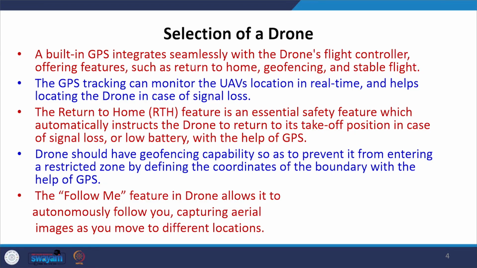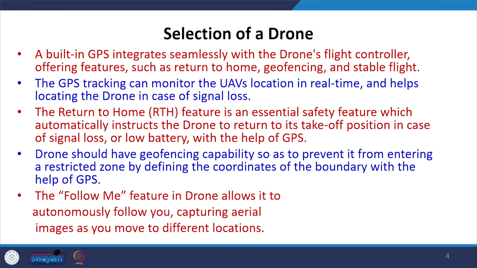GPS tracking can monitor the UAV function in real time and help us in locating the drone in case the signal is lost. Return to home, which is a very essential feature in the drone system, will automatically instruct the drone to return to its takeoff position in case of signal loss or if there is a low battery during the data collection, with the help of the GPS systems.